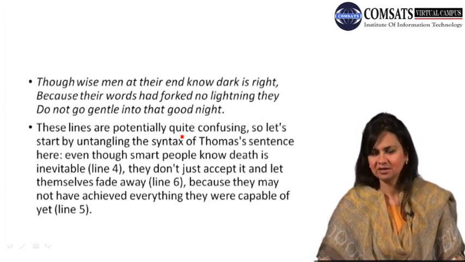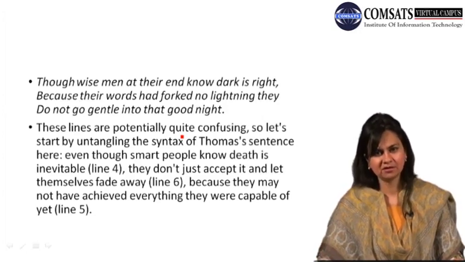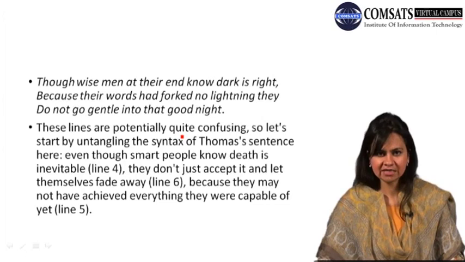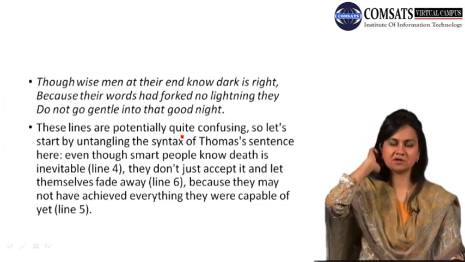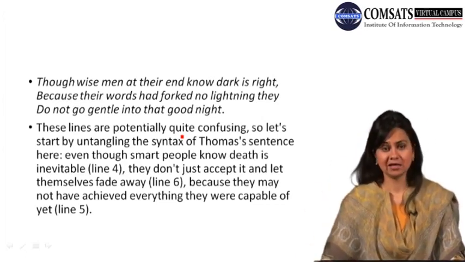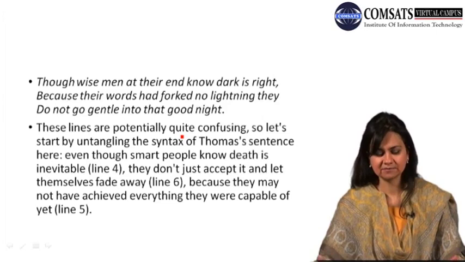So it shows the irony that he is admitting that even the wise men could not escape death. Then how can he, or the person whom he is asking to fight against death, escape death? So this shows a contradiction within the poem: the experience and knowledge of the speaker has already taught him that death is inevitable, that it is there for everyone, wise or otherwise.